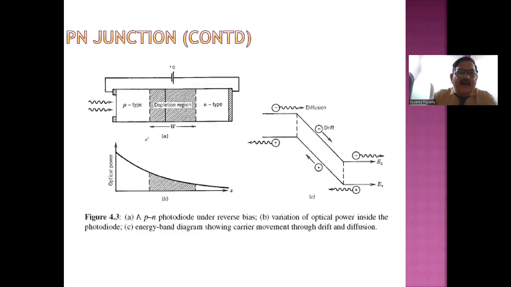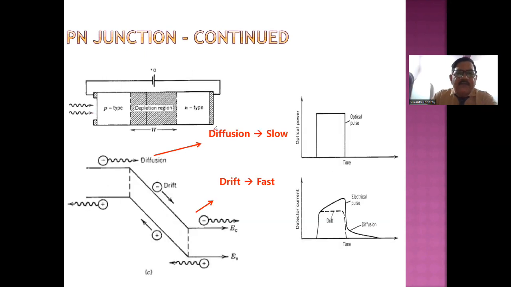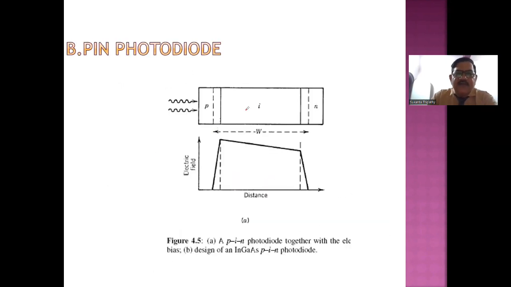For example, I have increased this active region at the expense of this N region and P region. Initially, the N region was up to this and the P region was up to this. Now what I did is, I have increased this active region and decreased the N region and P region.